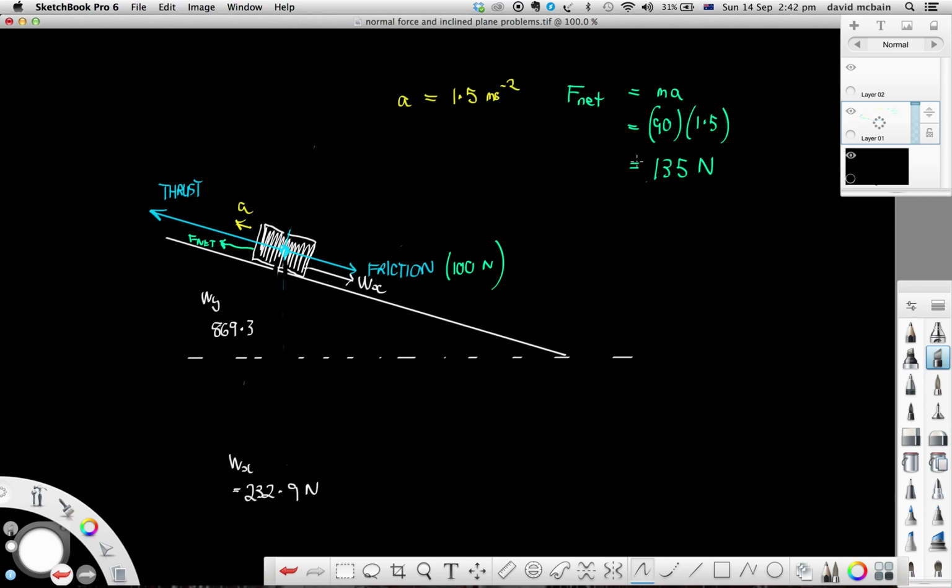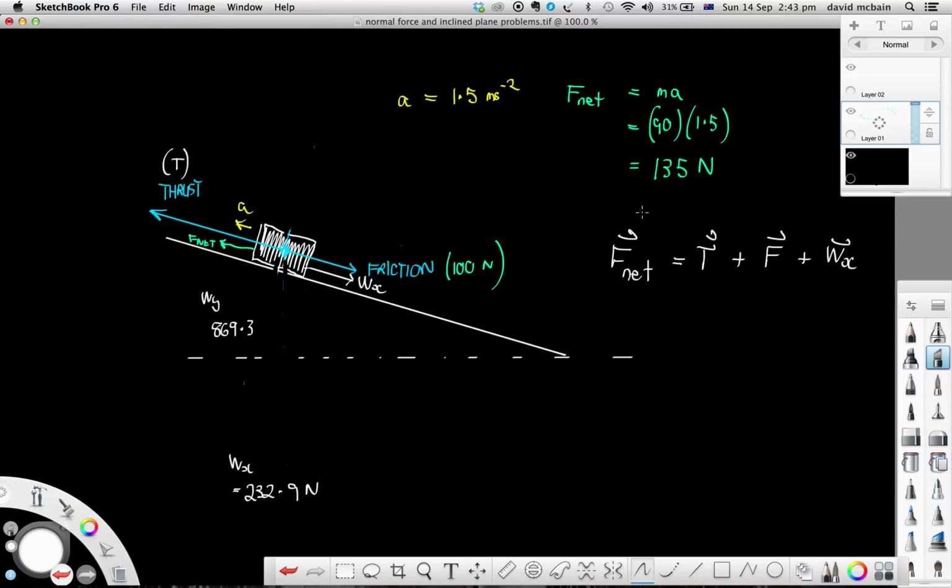So now we're going to use the idea that the net force is equal to all the other forces added together. So the net force is going to equal the thrust force, which I'll just call T, plus friction, which I'll call F, plus Wx. So the net force is just all the forces that are actually acting on the skateboard added together.